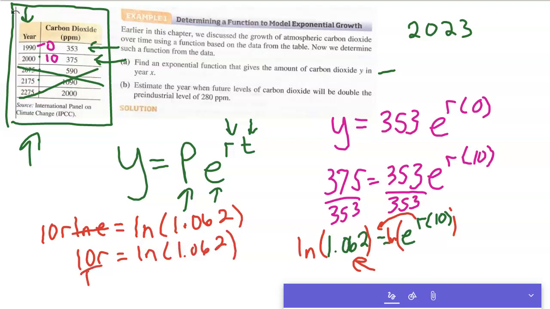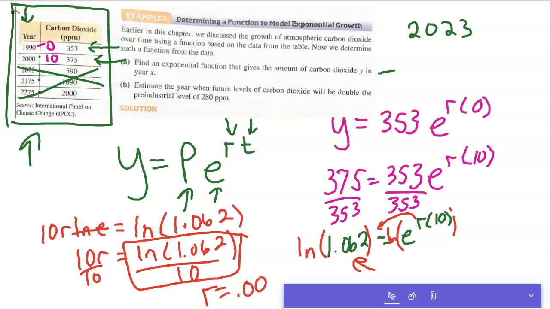You would divide by 10, and that is going to give us our r value. If you plug that into a calculator, you get 0.00602 for your rate of growth for that particular problem.